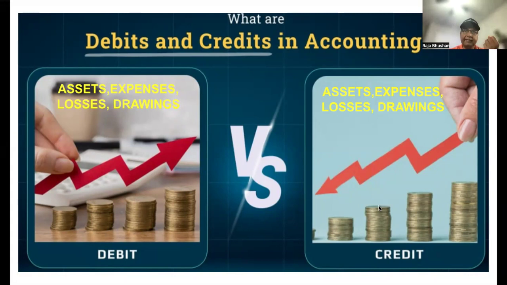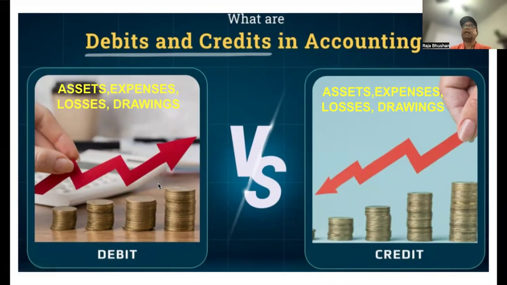So the business gets $10,000, which is an asset. As you can see, you are going to debit because the asset is increasing. As the asset increases, that is, cash increases, the term that we use to increase the asset is debit, right?